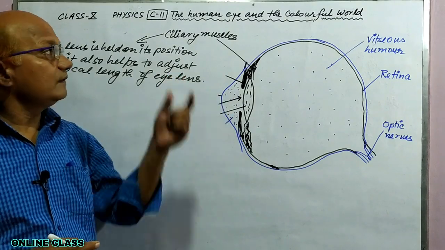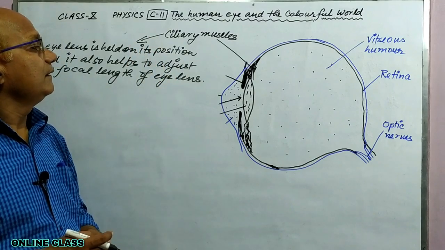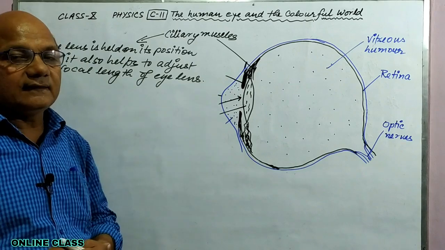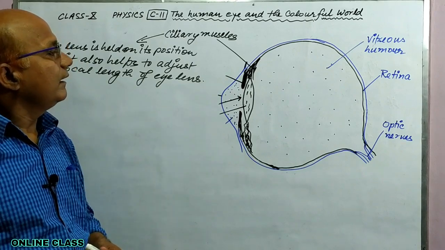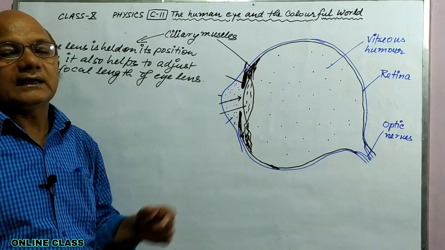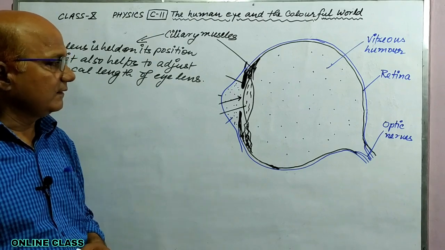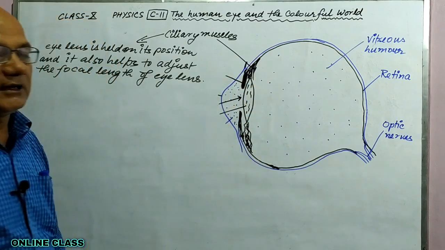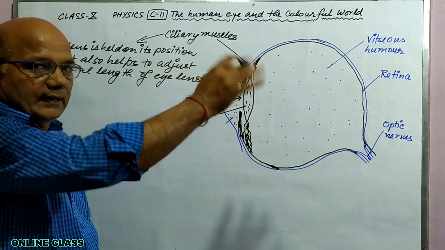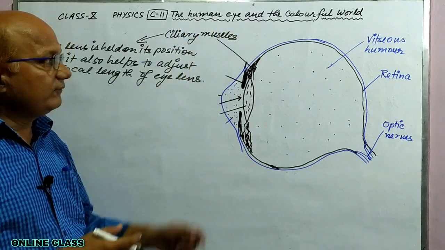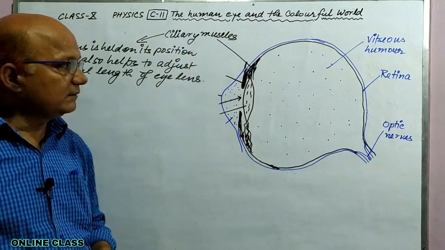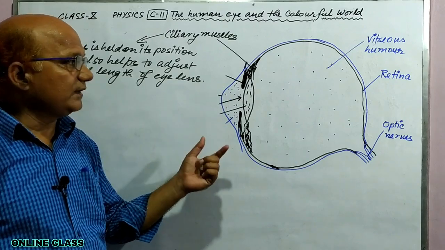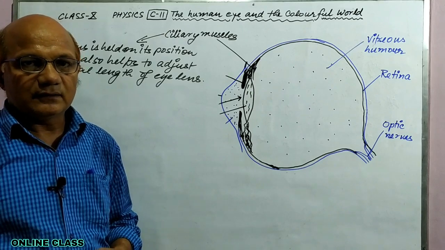Actually, when ciliary muscle gets relaxed, the eye lens becomes thin, and due to this, the curvature of eye lens changes. Curvature means this one. So, eye lens becomes thin and the focal length increases, and when ciliary muscle contracts, the lens becomes thick, and due to this the focal length decreases.